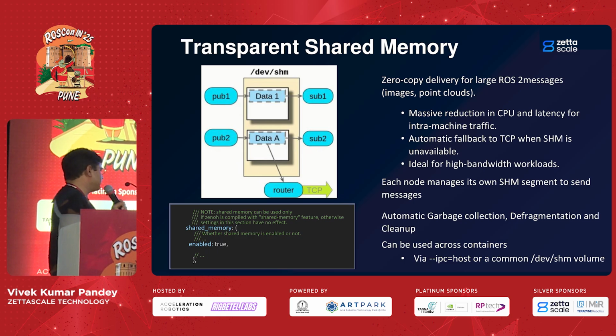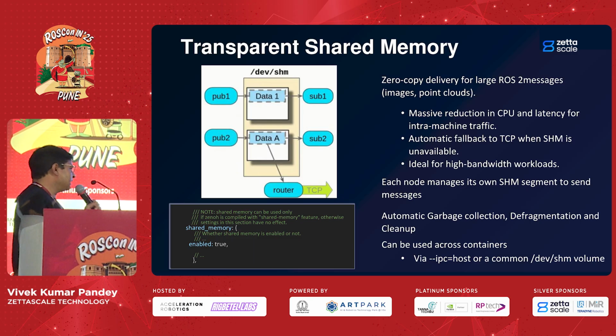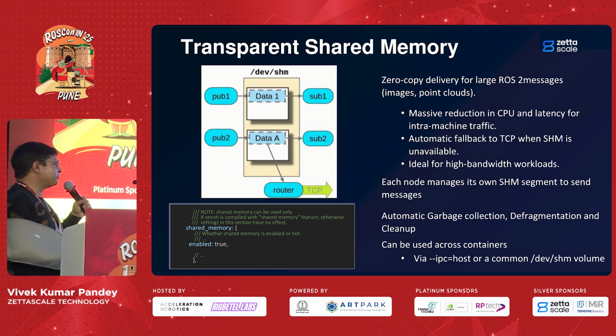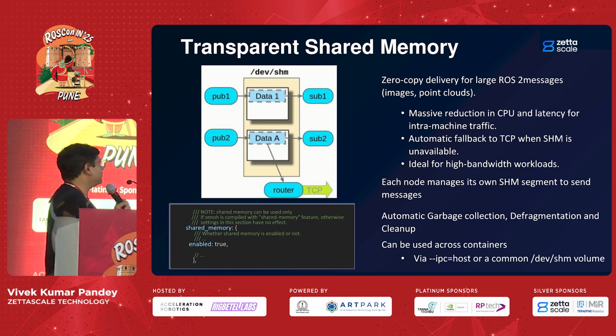If you want to use shared memory across two containers, you can define --ipc=host, or you can make a common volume /dev/shm. It has automatic garbage collection, and you can do defragmentation and all the cleanup.